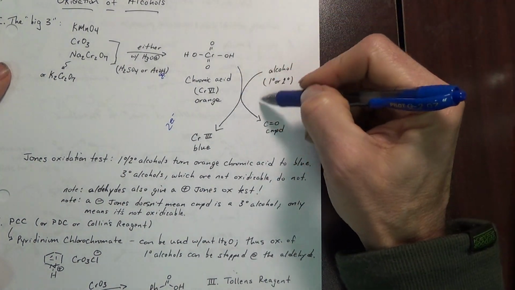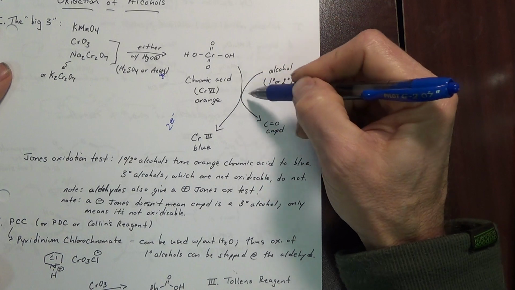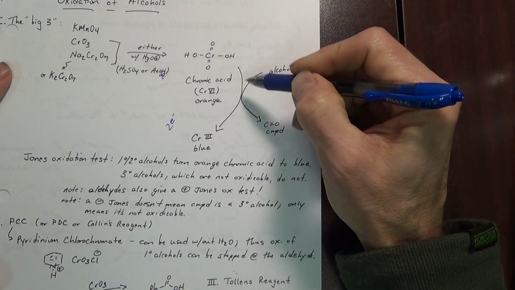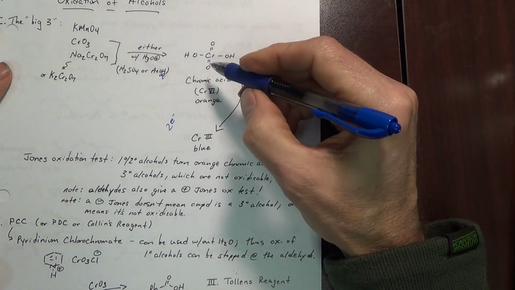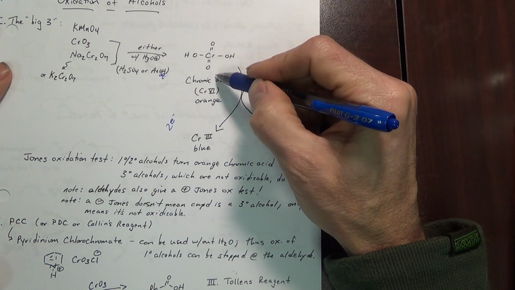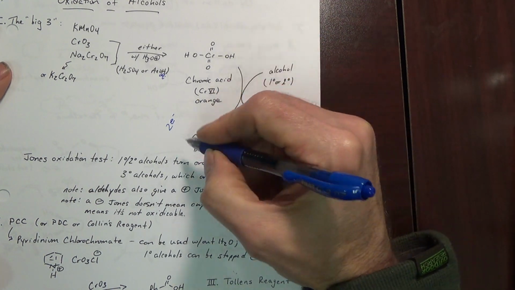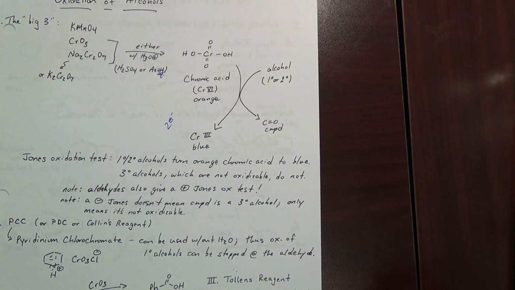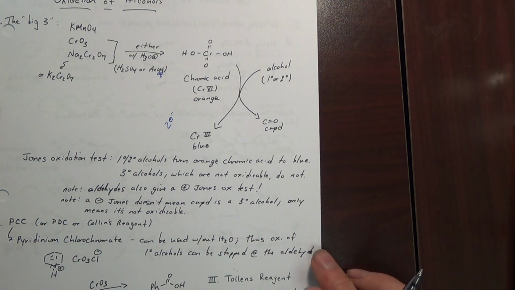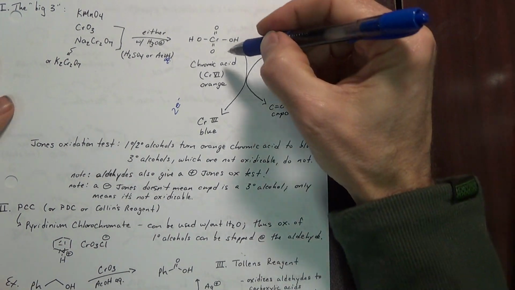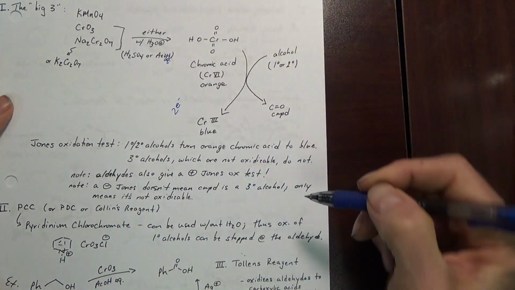Now we're not looking at mechanism yet. We're looking at just some details of the reaction, and focusing in on the fact that the chromium 6 orange gets reduced to chromium 3, which is blue, and your orange solution turns blue, and that's actually a visual indication that the redox reaction has taken place.